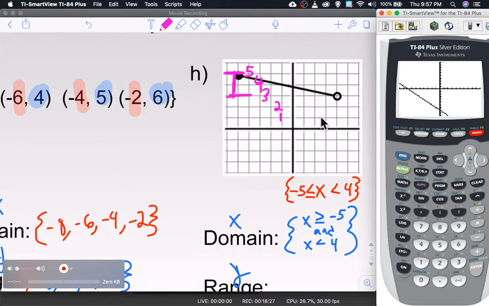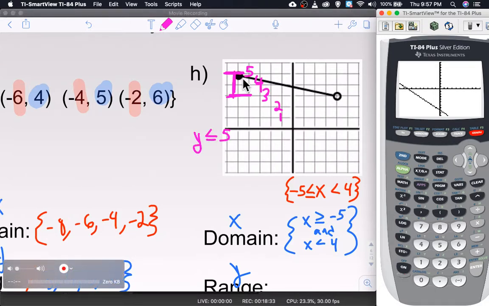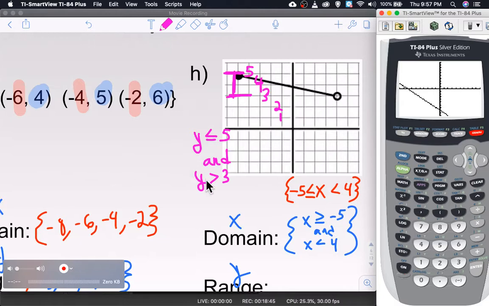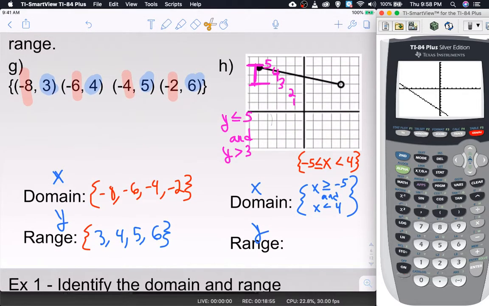So it is y values that are less than or equal to 5, because this is the or equal to, the solid dot, and y values that are greater than 3. So from 3, not equal to, because it doesn't go through the point, it's not a solid dot, from 3 bigger up to 5, and that's it. That's the whole thing. It does not go anywhere else than that.